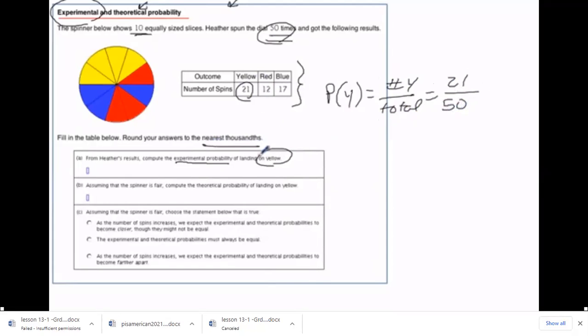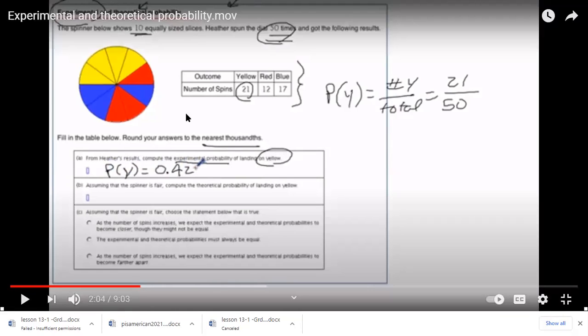It says round to the nearest thousandth, so we use our calculator and that's 0.42. So our experimental probability of yellow is 0.42.